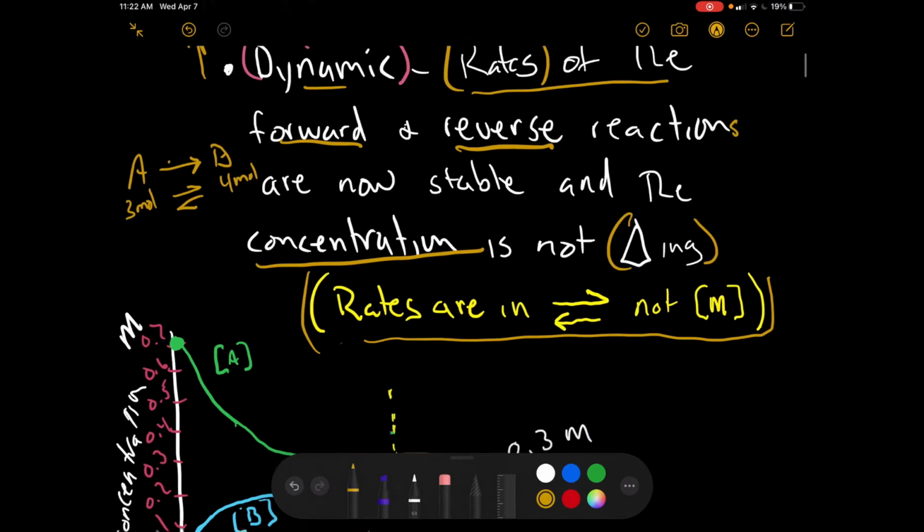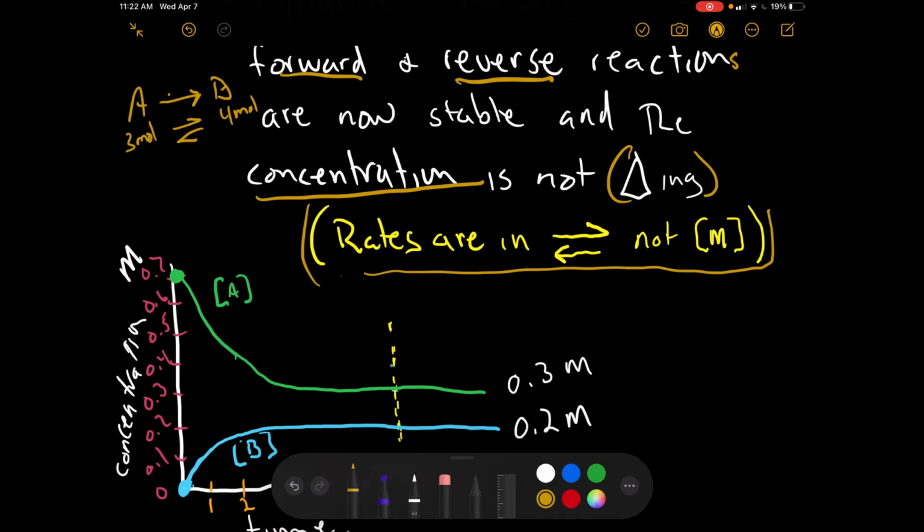So we're not talking about the molar concentration. A lot of people confuse that, and they think it's the same amount that's actually going to be in the reaction vessel or the system. But really, it's not about the amount at all. It's about the rate of that reaction.